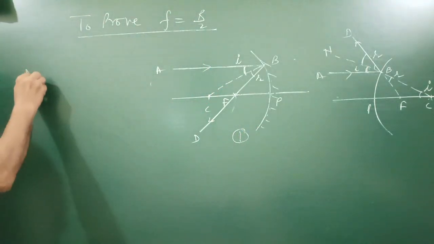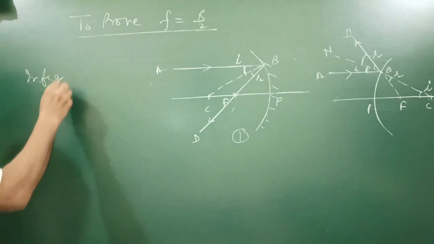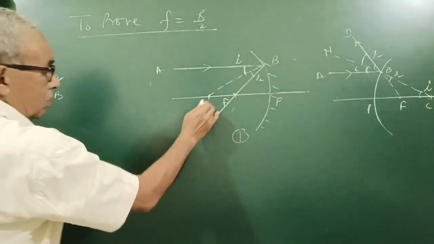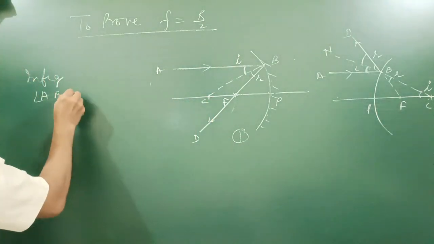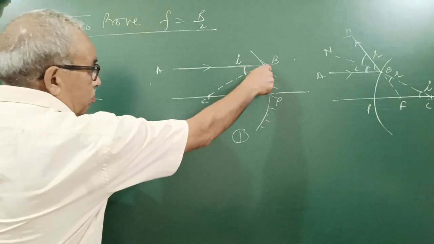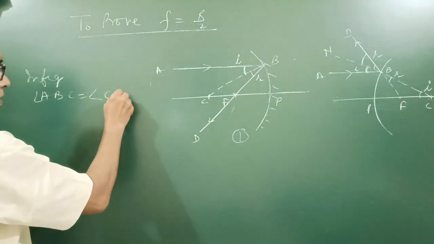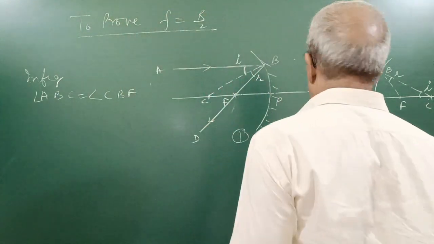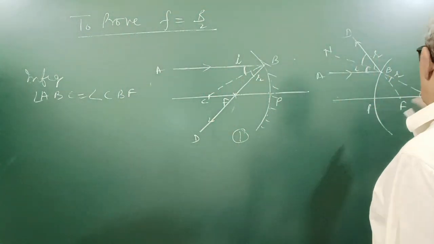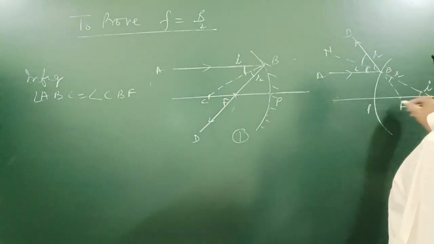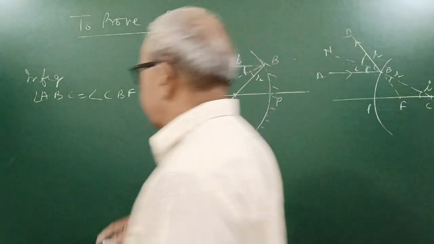In figure 1, angle ABC is equal to angle CBF. Here also it is ABC, but here it will be a bit different; here it will be BCP.